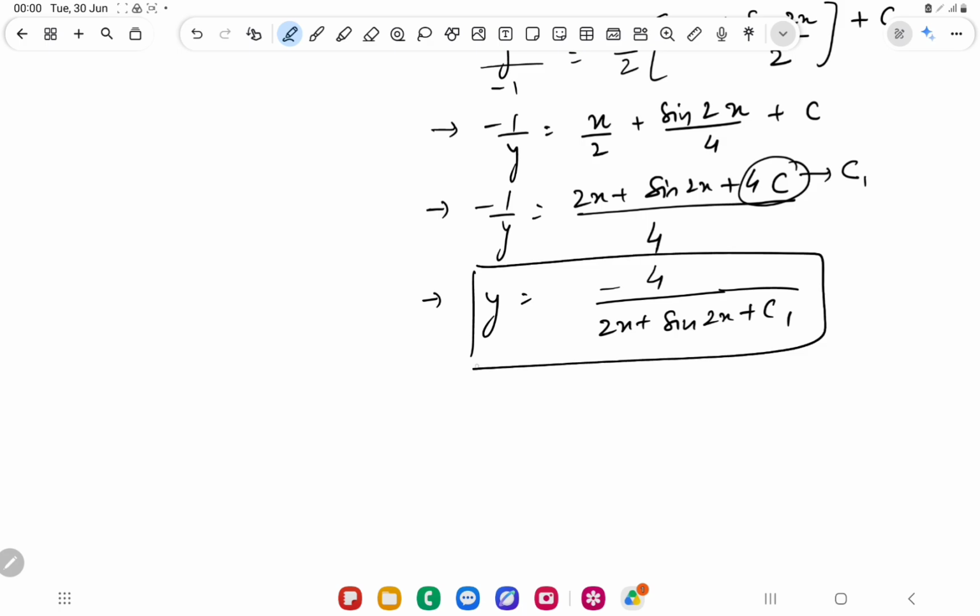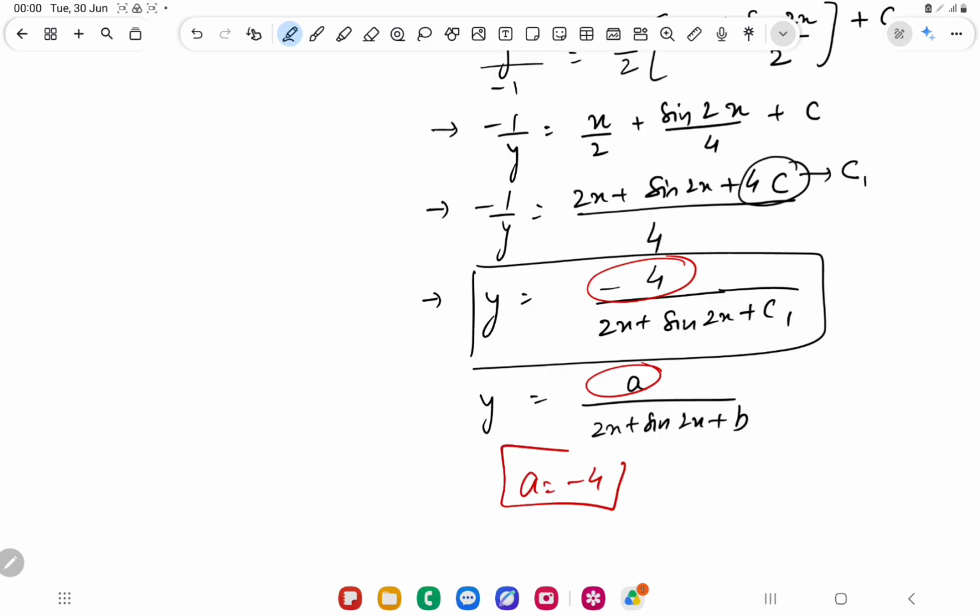Now this is my solution, and what the question was saying is y equals a upon 2x plus sin 2x plus some b. So if you compare, you can see that minus 4 will be my value of a. So I can write a as minus 4.